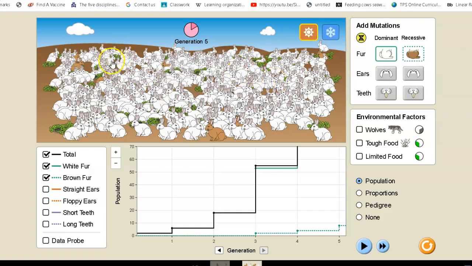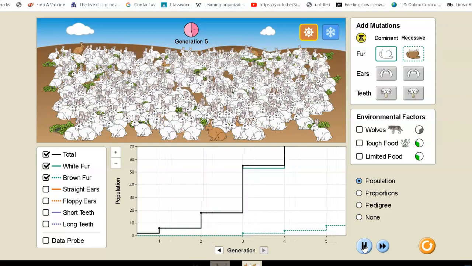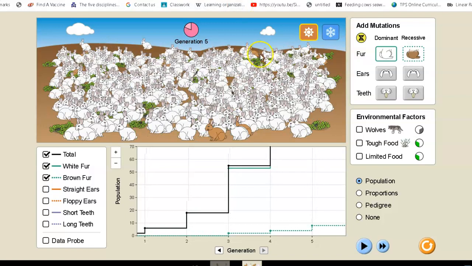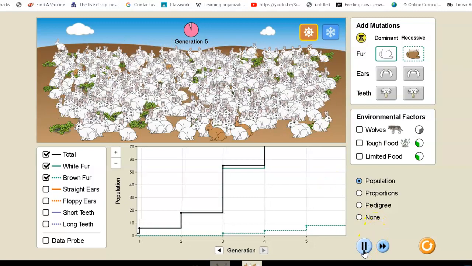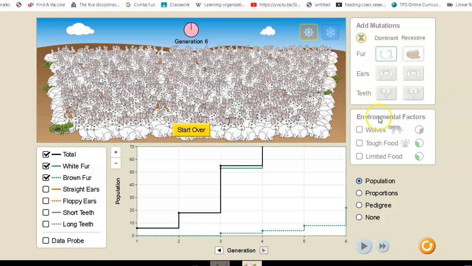Most likely there's a few brown bunnies if you look in here. I think this is the last generation that they'll show. But if I were to pick a bunny, it would be a white bunny. There is a chance to have a brown bunny, though a very slim chance. Uh-oh, the bunnies have taken over the world.